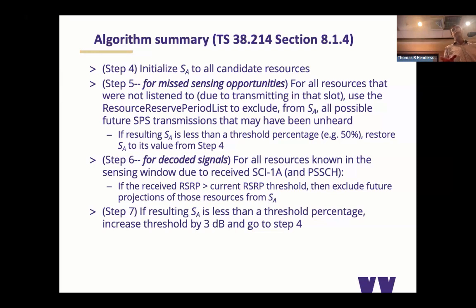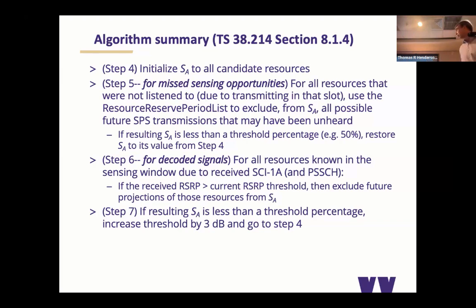The idea here is that the sensing algorithm will, if there are enough resources available, try to avoid any possible resources that might have been used by somebody while I was busy transmitting. But if that becomes too onerous a burden on the selection of resources, it forgoes that and just worries about the signals that it actually has decoded.